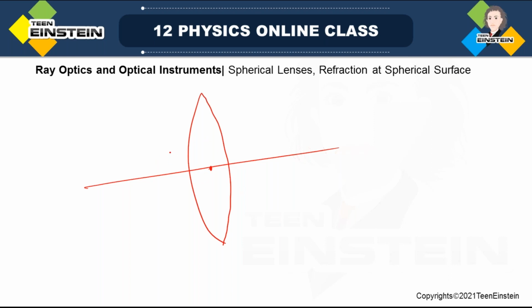When we see refraction by lens, first we see the image formation for this particular surface, and the image formed by this surface will act as object for the other one. Then finally one image will be formed. Obviously we will be discussing that in the next class.